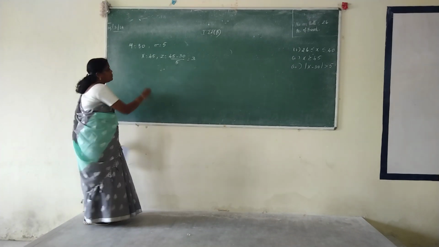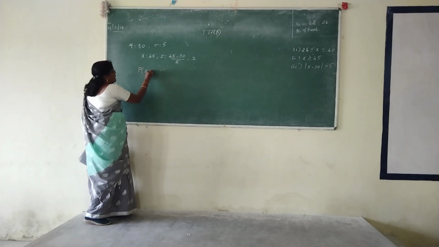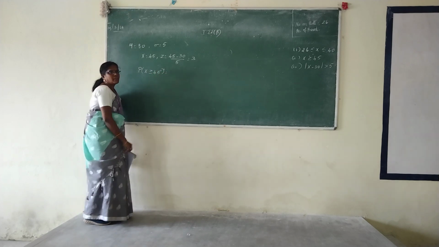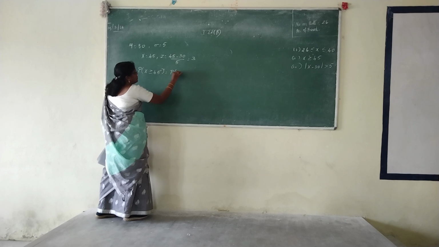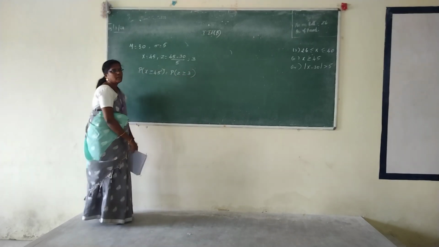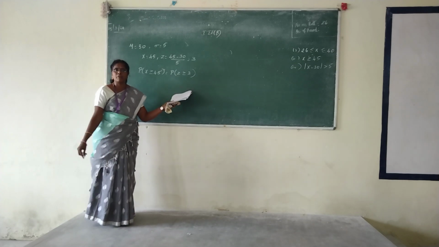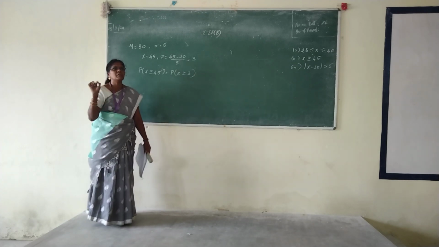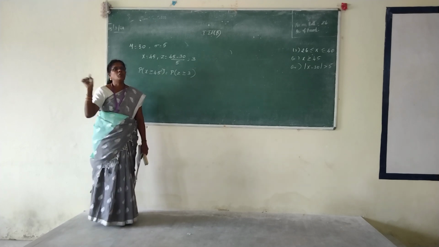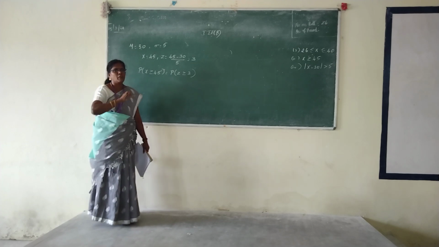So probability of x greater than or equal to 45 is equal to probability of z greater than or equal to 3. How will you convert this? For this I already gave you the formula. Greater than or equal to a means what is the formula? 0.5 minus the positive side, 0 to a.